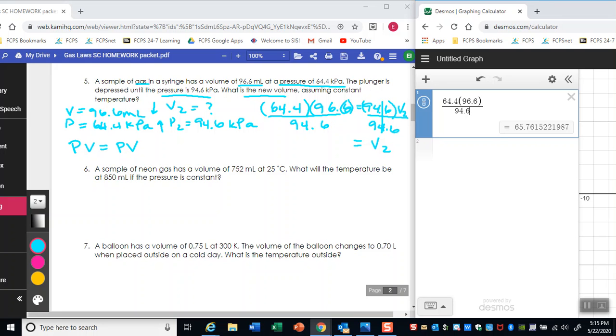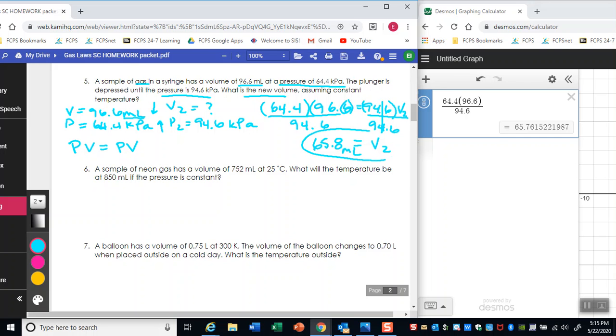So I had 3 significant digits, so I want 3 significant digits. So 65.7, but then the next digit's a 6, so the 7 is going to go up to an 8. So 65.8. And then what's my unit? This was milliliters, so this would be milliliters. And there we go.